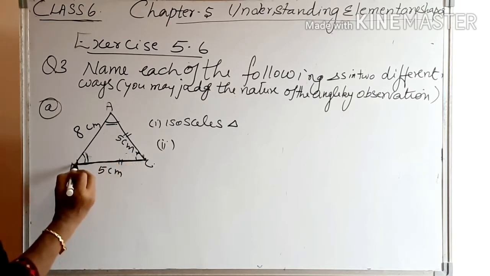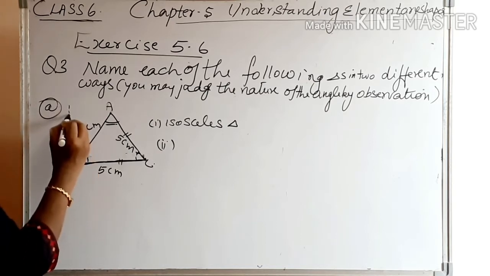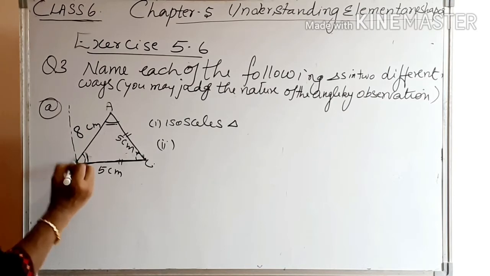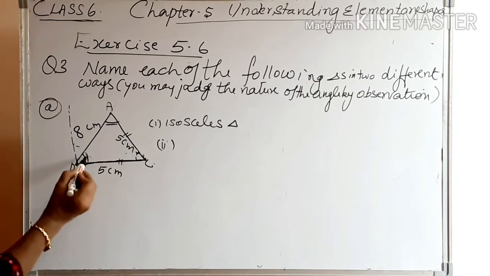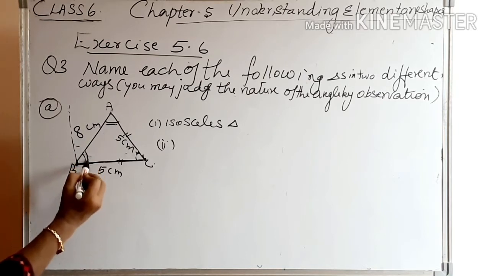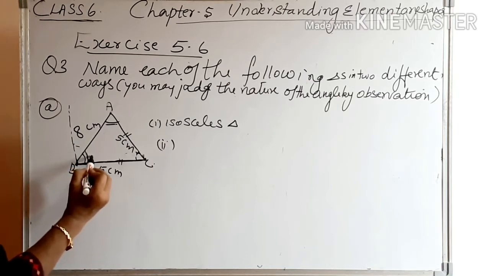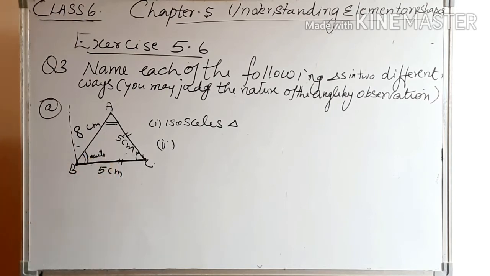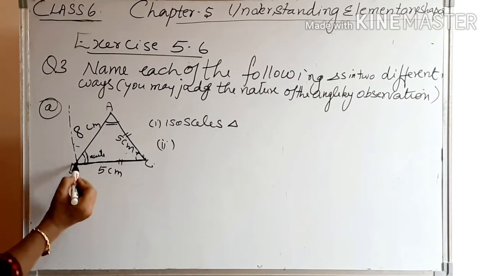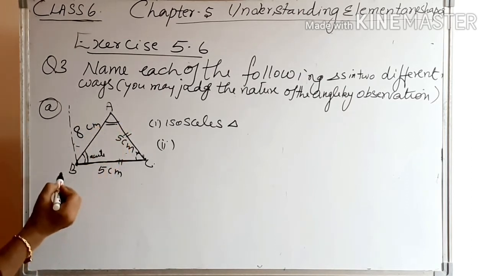And consider this point as center, and I am going to draw a perpendicular. Therefore, this perpendicular angle is 90 degree. We know that. From that, this is clear that this angle is less than 90 degree. That means acute.